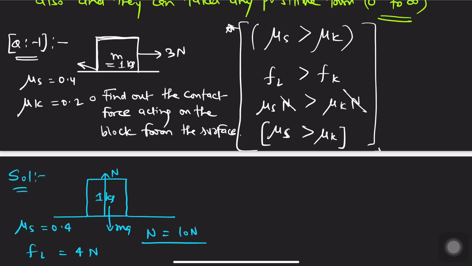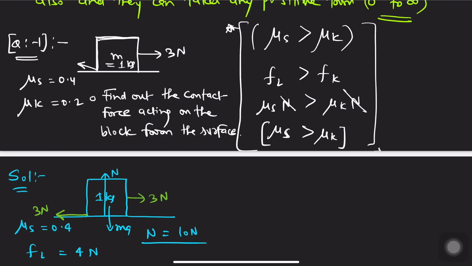Now if you see here, in this case the force applied on the body is 3 Newton. But the capacity of the static friction, with which it can hold the possibility of motion, is 4 Newton. So how much force will it apply in this side? Only 3 Newton. Why?